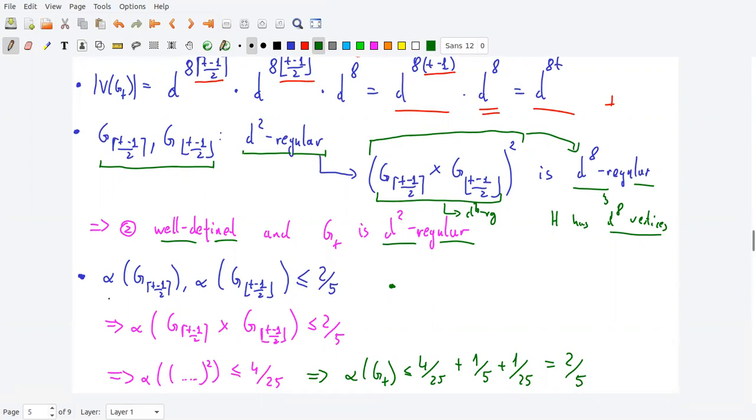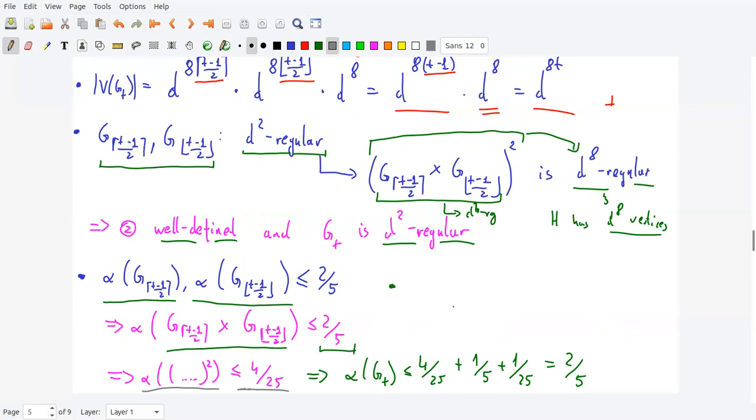By induction, we know that both graphs that we start with, G ceil of (t-1)/2 and G floor of (t-1)/2, have alpha bounded by 2/5. So when I take the tensor product of them, alpha is still bounded by 2/5. This is the property of the tensor product. Then when I square it, alpha gets squared as well, so alpha will be bounded by 4/25.